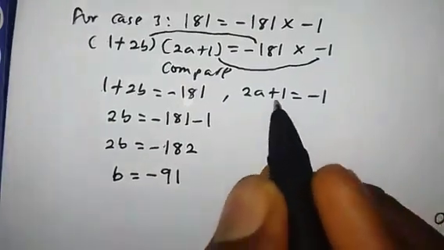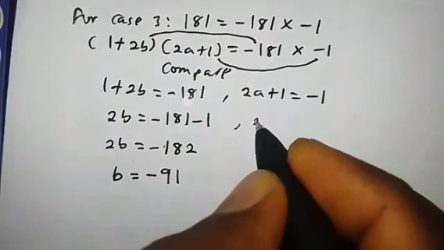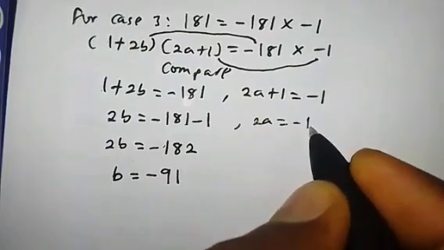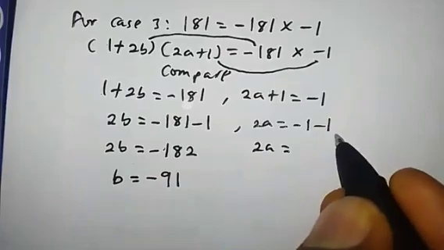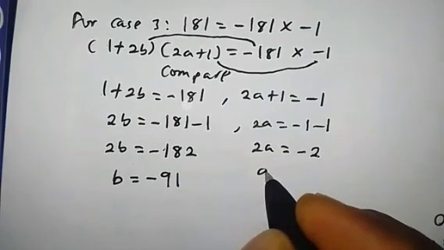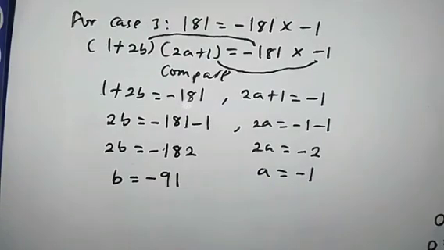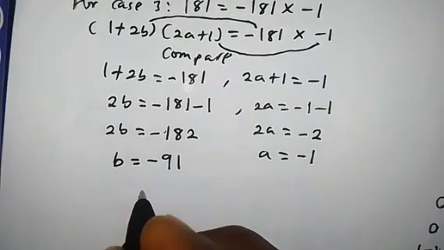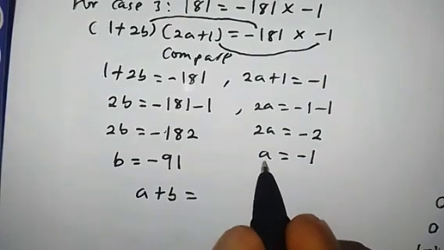Now let us consider this. Moving 1 to the right hand side, 2a is equal to minus 1 minus 1, that is minus 2. Divide both sides by 2, a equals minus 1. But our goal is to find the value of a plus b. So let us add.